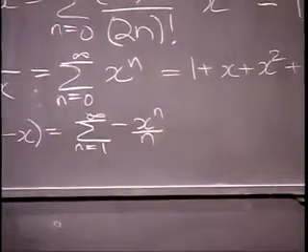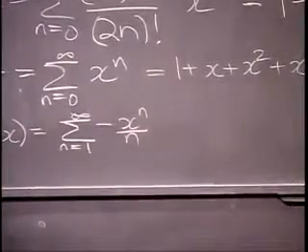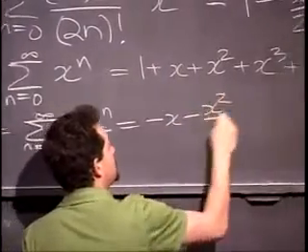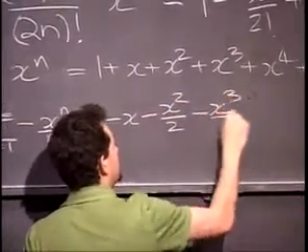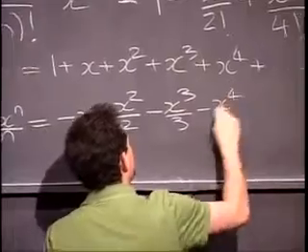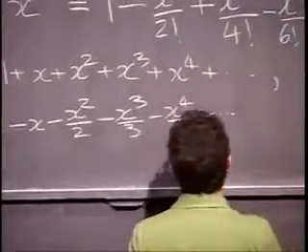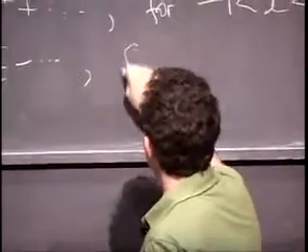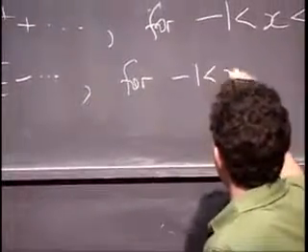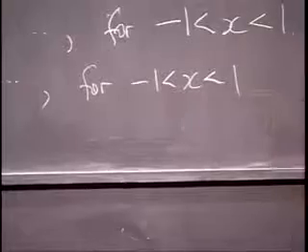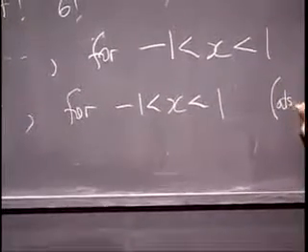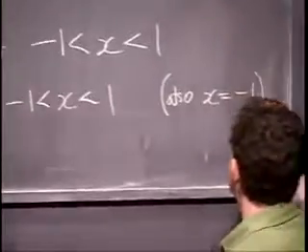Doesn't have a factorial, funnily enough. So this is minus x squared over 2, minus x cubed over 3, minus x to the 4th over 4, and so on. So they're all negatives, all the terms. And this is only true, again, for x between minus 1 and 1. Actually, it's true also at x equals negative 1. That's sort of weird.